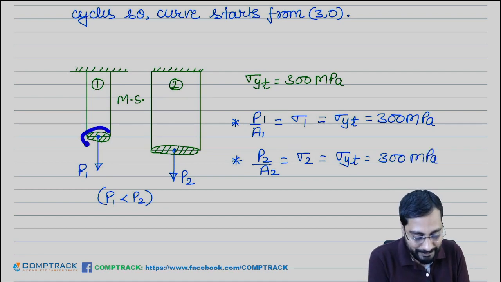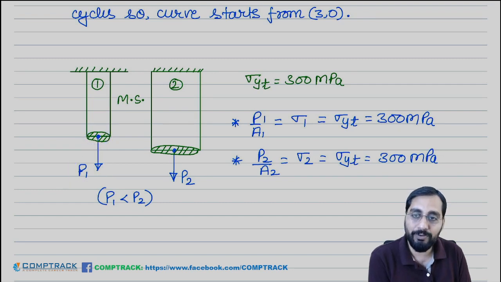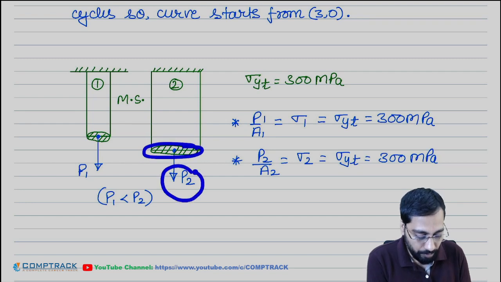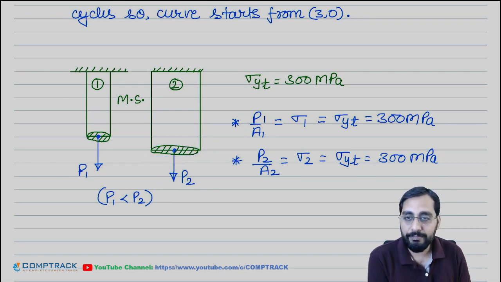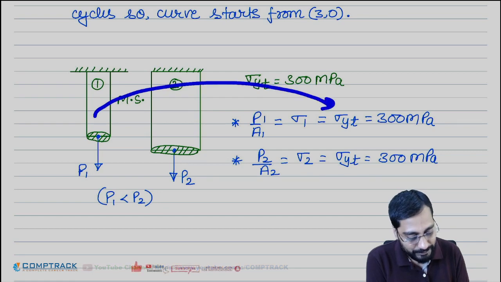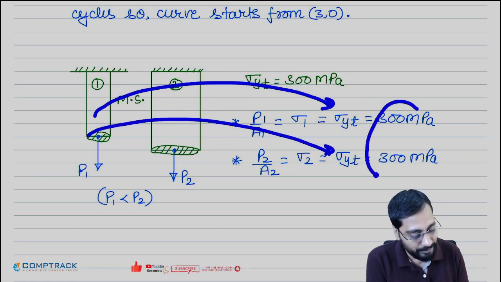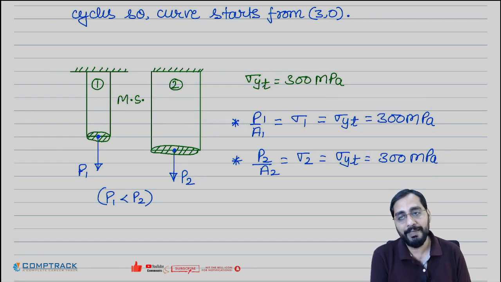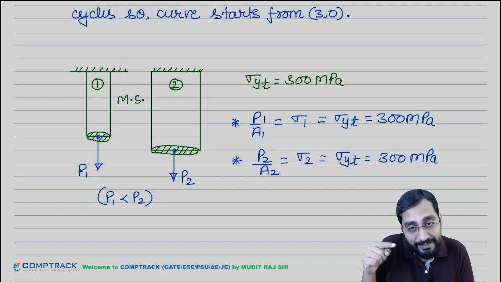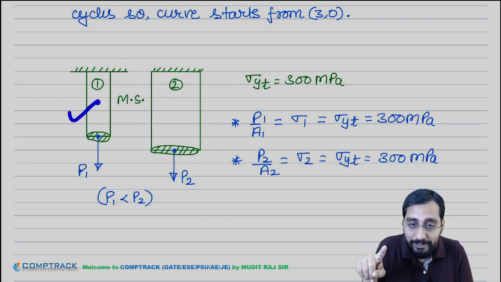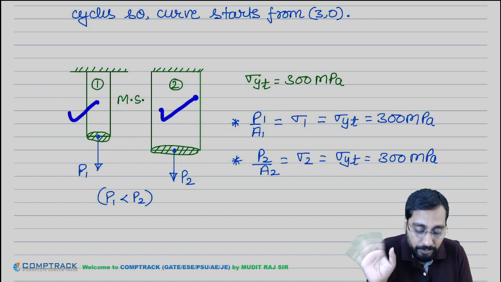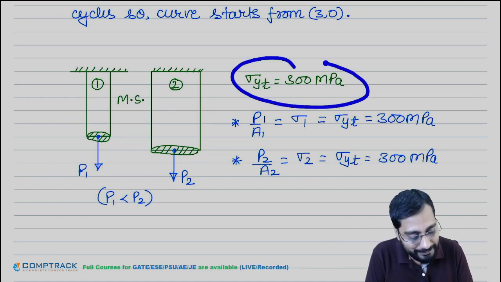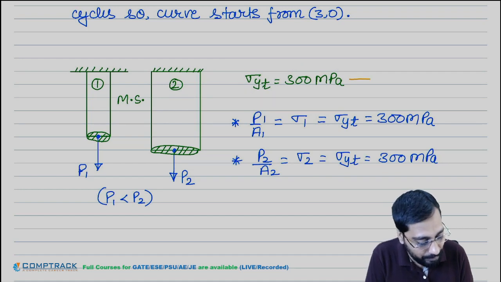So when there is less area, less load will be required for the failure. When there is more area, more load will be required. But in both the bars, the stress will be the same, 300, 300. Because they are made of the same material, the stress value should reach sigma YT, only then failure will start. So this sigma YT is actually your material property.